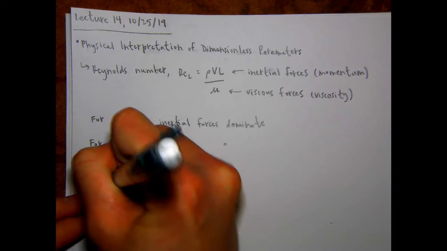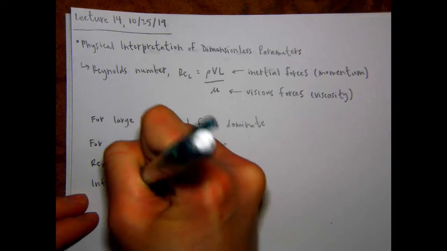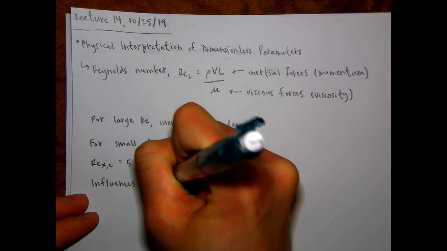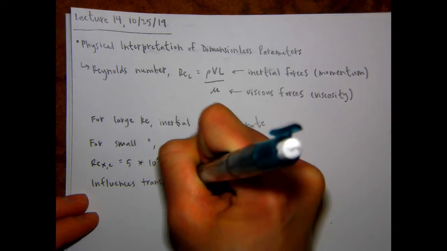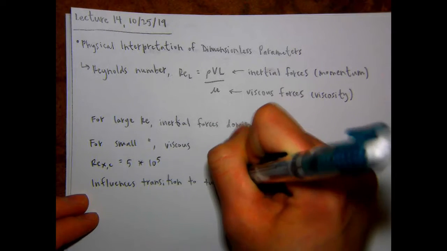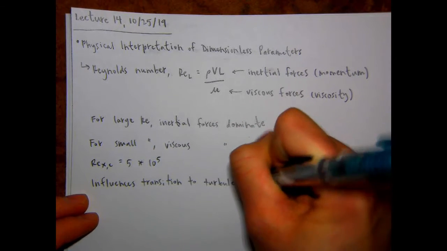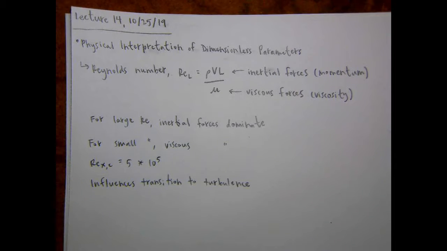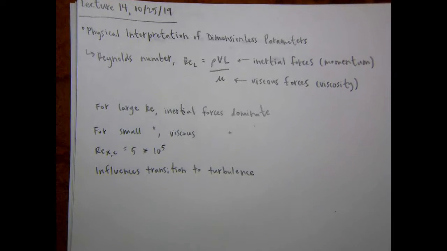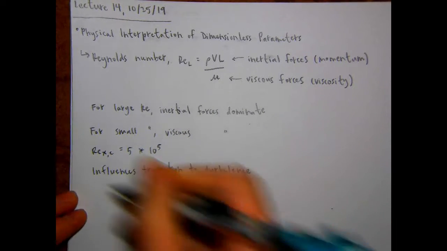So we'll say it influences transition to turbulence. And then it also influences the boundary layer thickness.